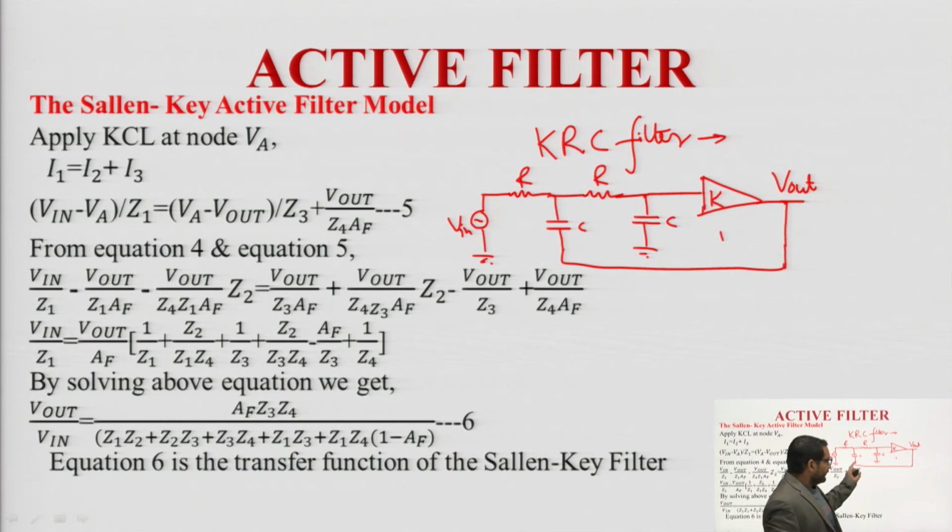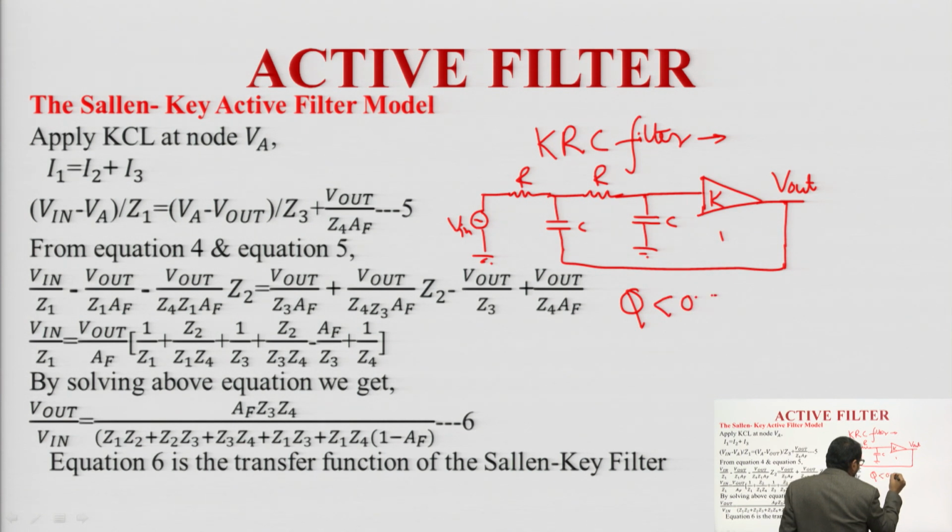If you connect the feedback, what will happen, compared to not connecting this feedback? Without this feedback, the passive filter has Q less than 0.5. Q is the figure of merit or selectivity of the filter. If Q is less than 0.5, it does not give better tuning.